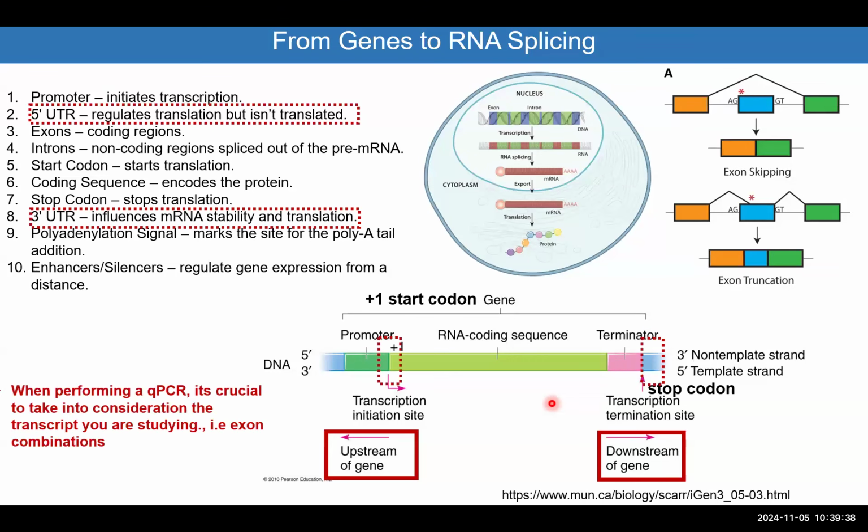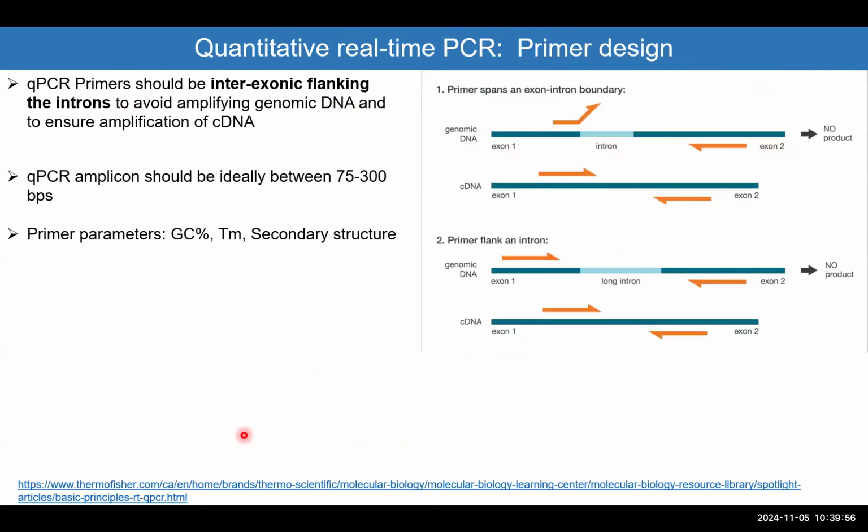Another aspect that we have to consider, so I wrote it here again for you: when performing a qPCR, it's crucial to take into consideration the transcript you are studying, i.e. the exon combination in that transcript. So when we are designing a primer for a qPCR, we have to take into consideration that we don't include any primers in the intronic region.